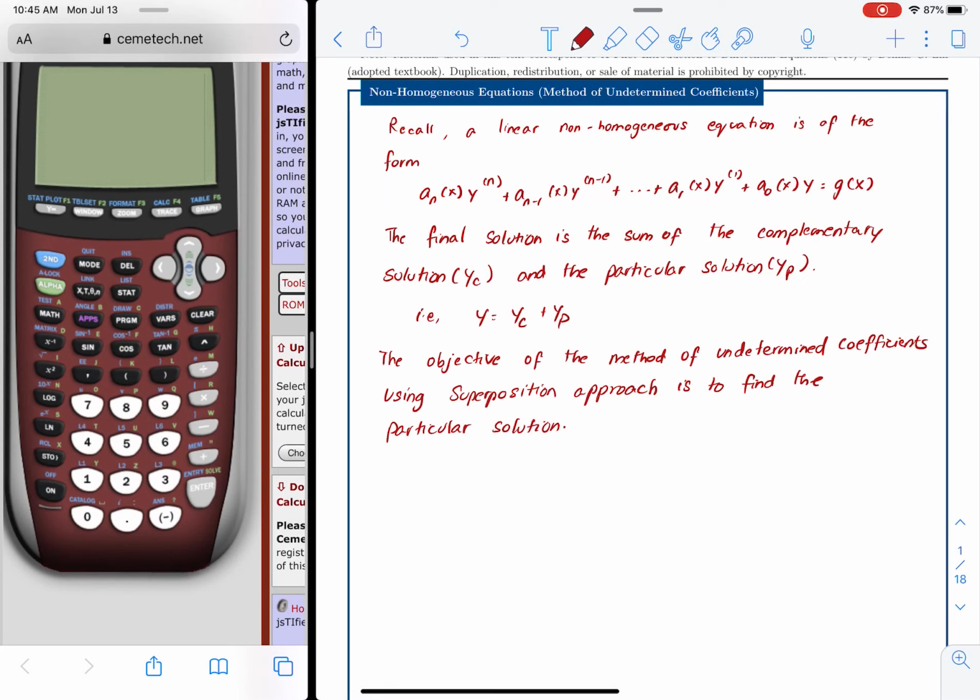So the first step is to find the complementary solution using the method of constant coefficients.